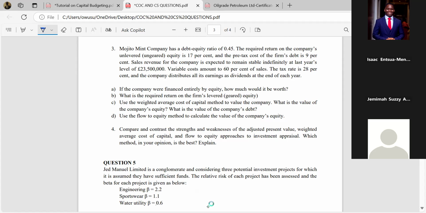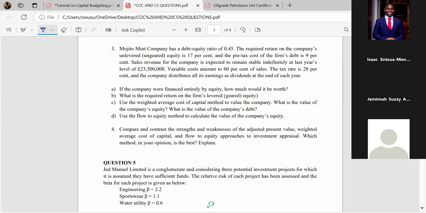Sir, please, can you go over the question again, for better understanding? Yes, so what I'm saying is that if you look at the information in this question and they ask you what is the required return on the firm's levered equity, you can see that from the information here, there is nothing about risk-free, there's no beta, there's no market return in there. So you can't use CAPM to calculate that. But you are given that Mojito has a debt to equity ratio of 0.45.